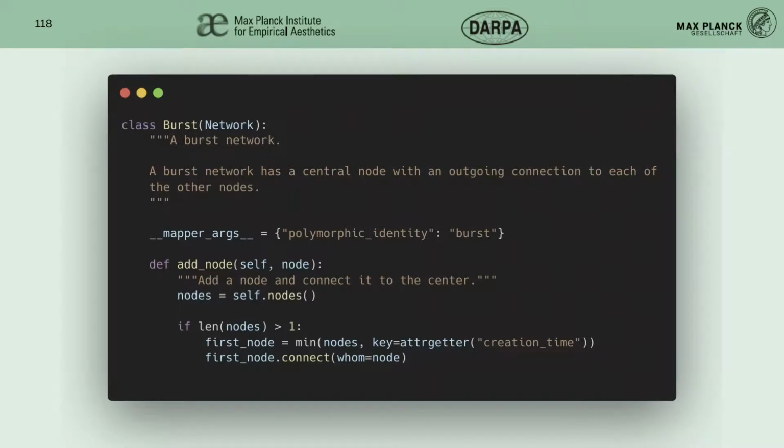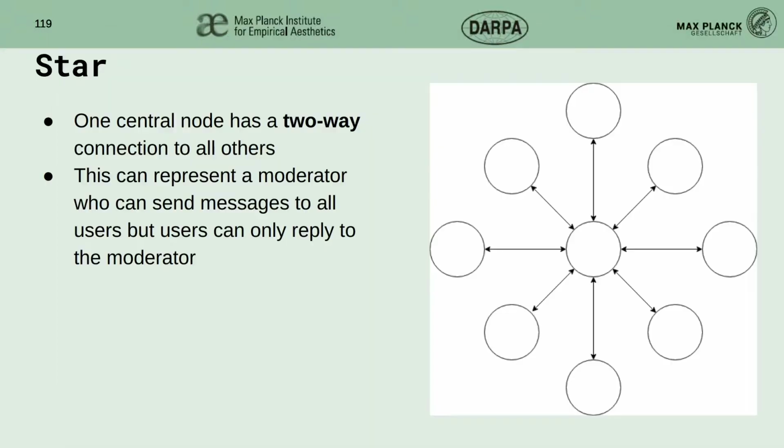Things can get much more complicated, but here's a slightly more complicated variant, which is a star network. A star network has a two-way connection between the manager and all of the delegates.